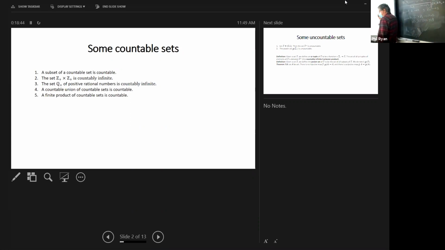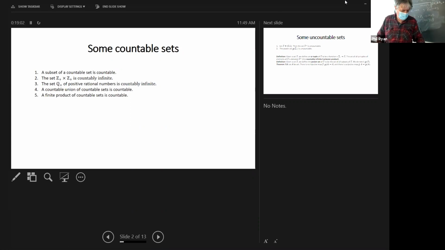And so that's just the Cartesian product of 2 countable sets. So it just follows from induction. Okay, so we've done some countable sets.